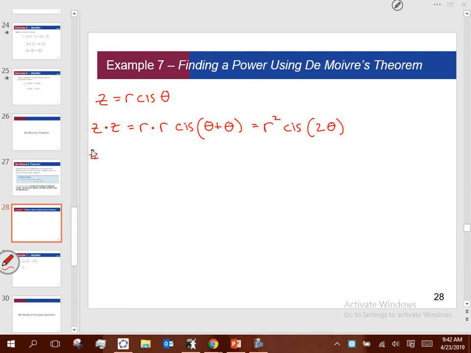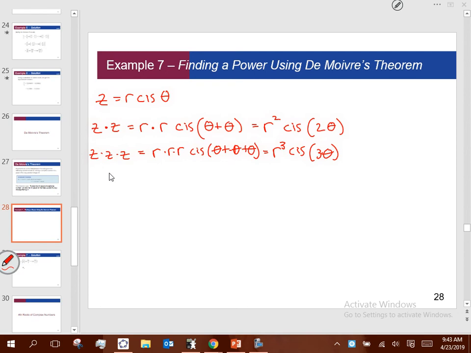What if I ask you to do Z times Z times Z? What's that going to look like? Yeah. It'd be R times R times R, cis of theta plus theta plus theta. So you guys made the jump right away to R cubed cis 3 theta.